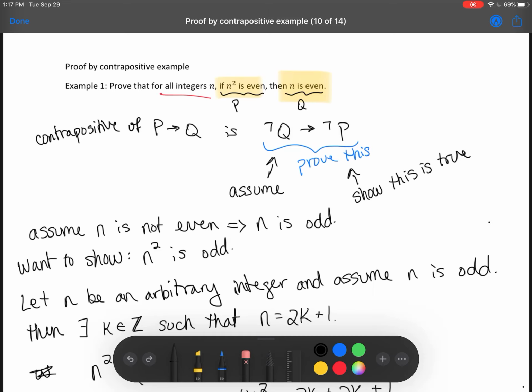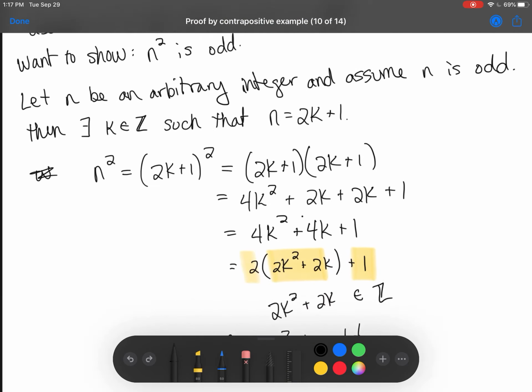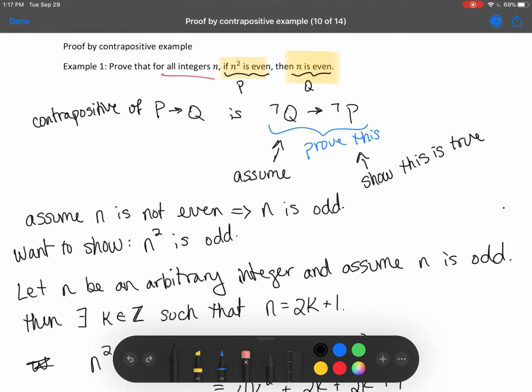Since that's logically equivalent to the original implication, we can conclude that the original implication is true also. I'm going to refer you to the notes for the formal write-up of this. This is the quote-unquote scratch work, because remember, when you're writing a proof, you should write in full sentences. That's shown in the notes.